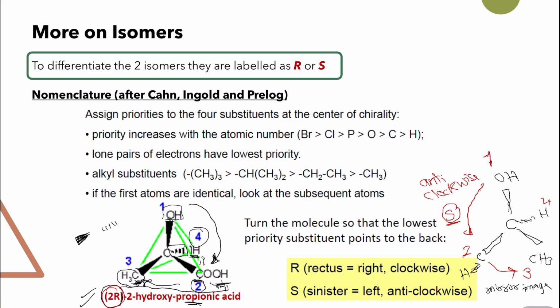Another important thing I would like to refer to as well: if you have both enantiomers, the R and S, in the same mixture, we usually call this a racemic mixture. So a racemic mixture is simply a mixture of the S and R isomers of the same compound.